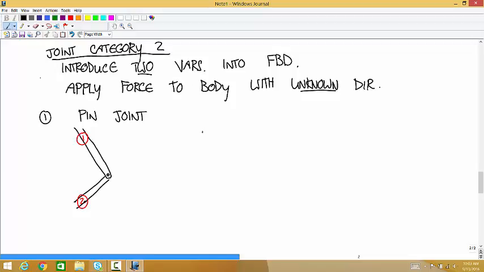So a free body diagram of body 1 looks like this, and I'll call it the force on 1 by 2. And a free body diagram of body 2.